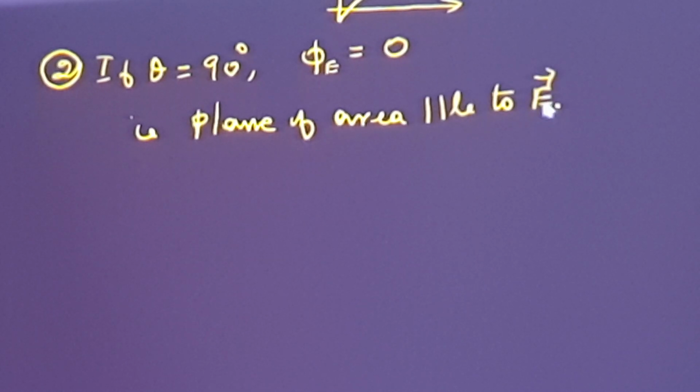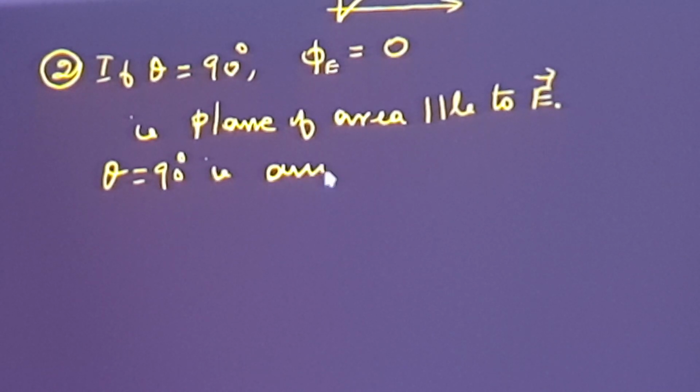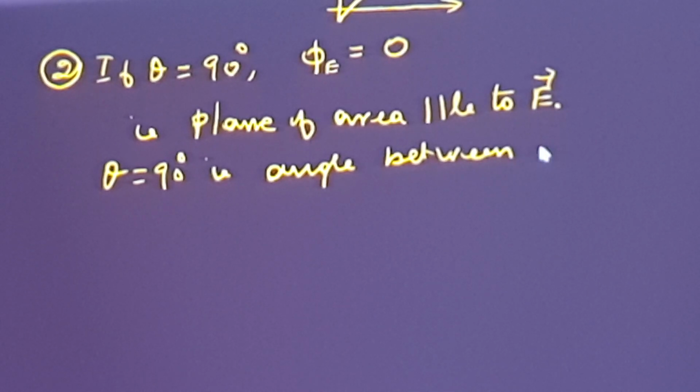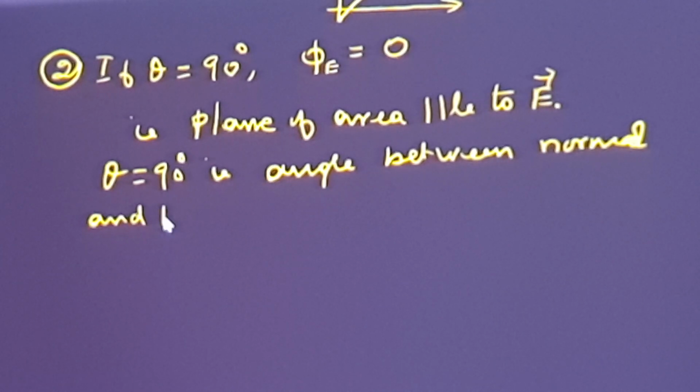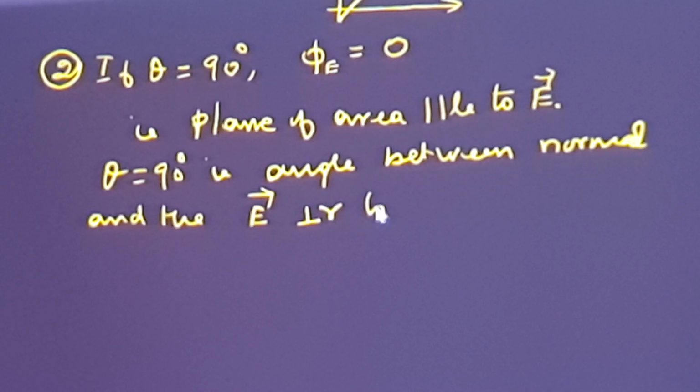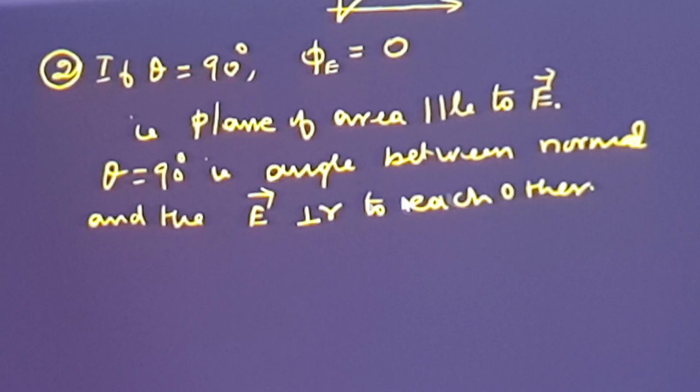If the electrical lines and the plane of the area are parallel, then angle theta is equal to 90. That is, the angle between the normal drawn and the electrical field E vector is perpendicular to each other, which I put as theta equal to 90.